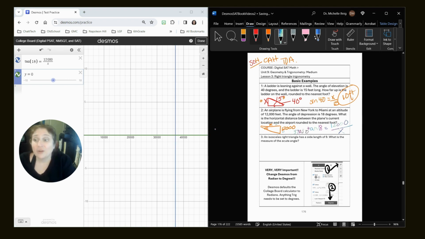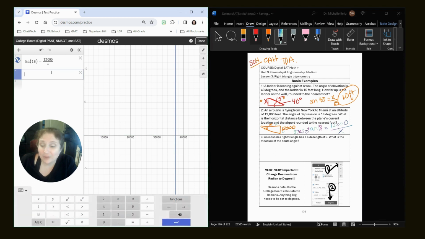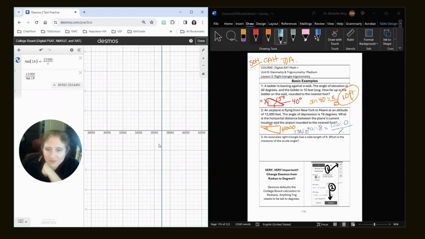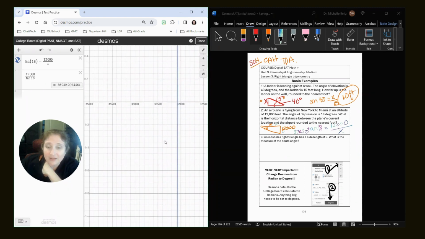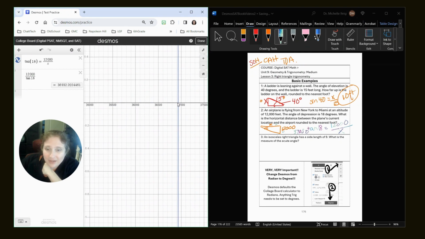The other thing you could have done is, if you remembered, you could have just done 12,000 divided by tan 18 and you would have gotten the same amount, give or take. And actually I probably should have scrolled in more so we could see that that is the correct thing right there.